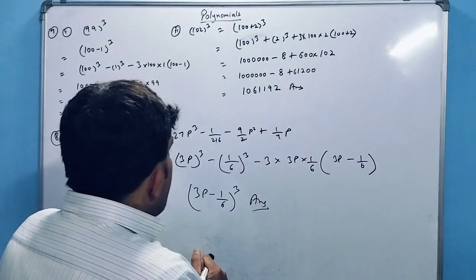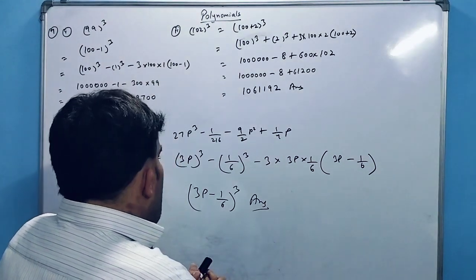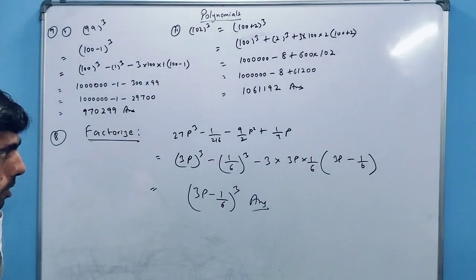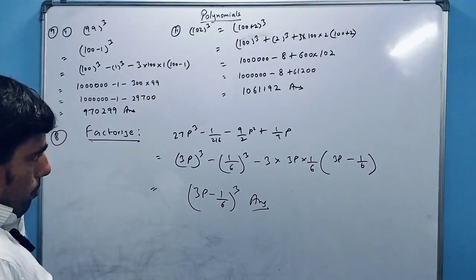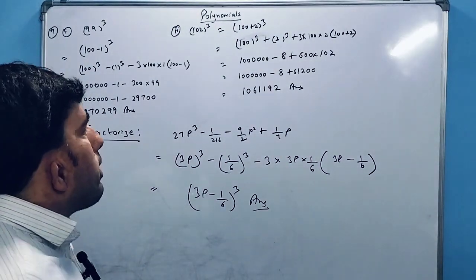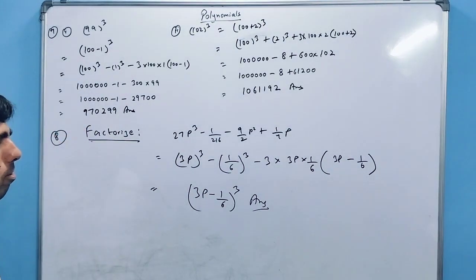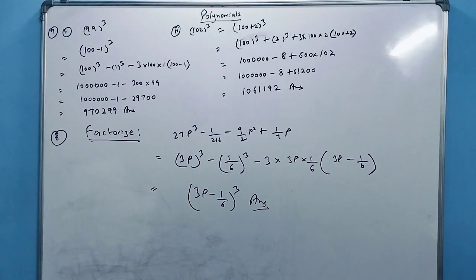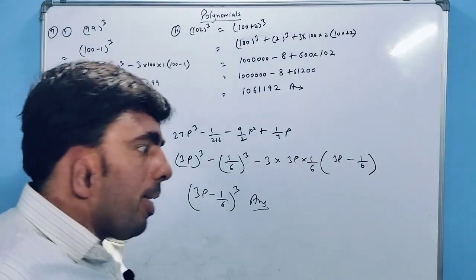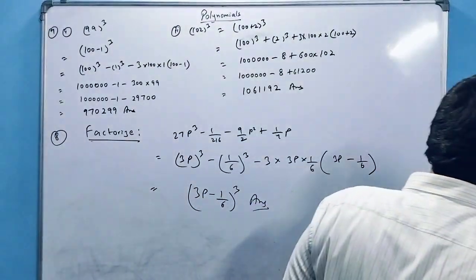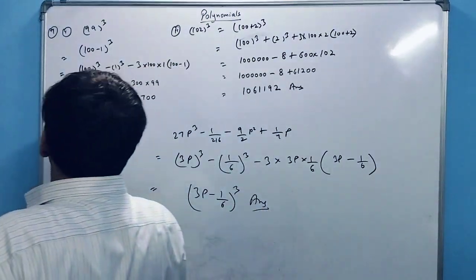Okay, so now I got this a cube minus b cube. So that is what they have asked about, to factorize such kind of numerical, then we need to sort it out like this. Now we will move to the next numerical, that is the ninth question. Today we will try to solve 10 questions only.